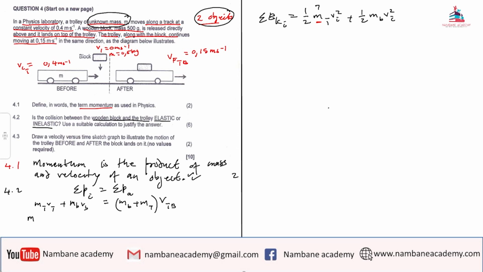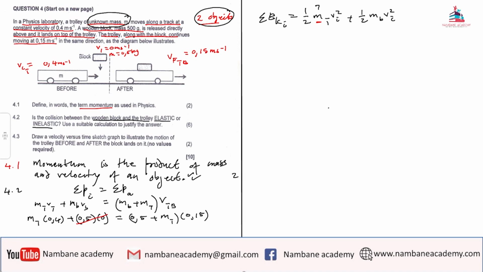We don't know MT, but we know it was moving at 0,4. We know the mass of the block is 0,5, but initially it was released, so its velocity is 0. We don't know the mass MT, but we know that it was moving now at 0,15. Now I must perform the mathematics here.